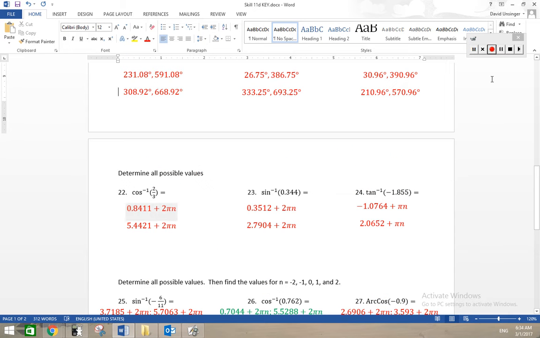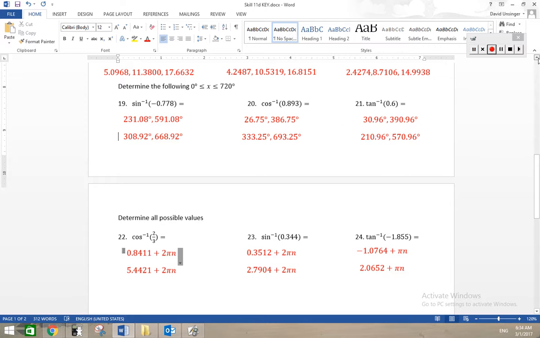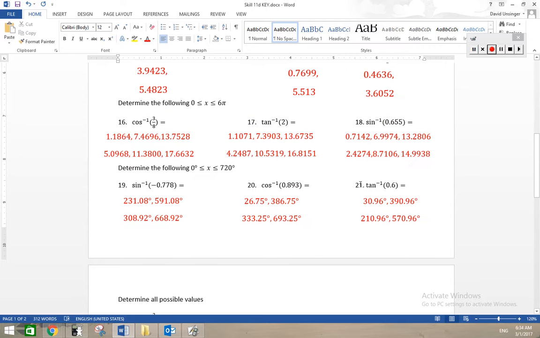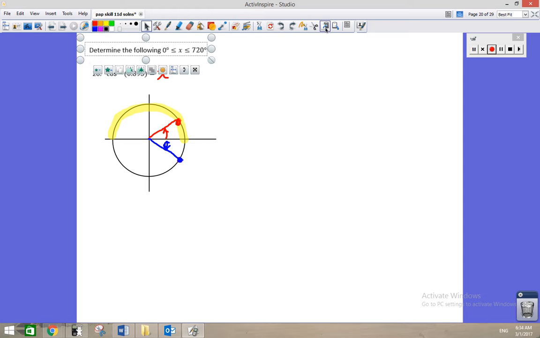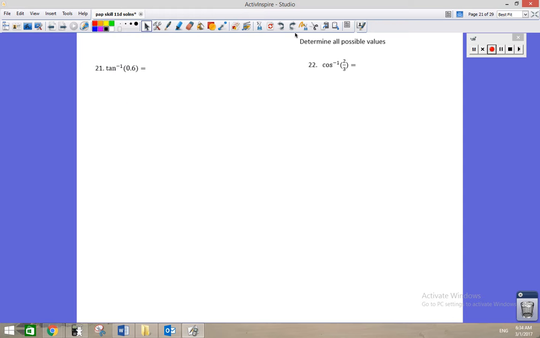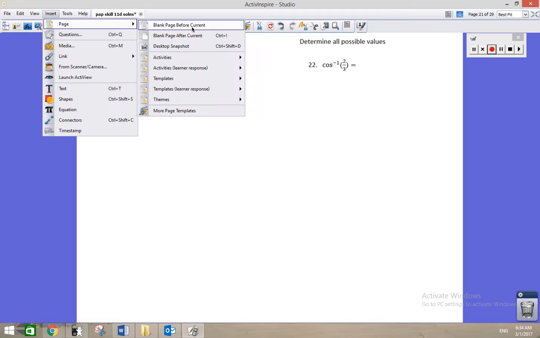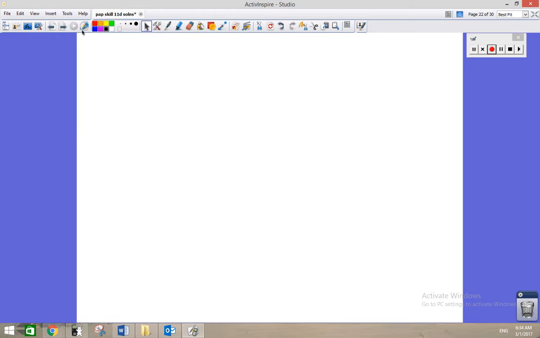So the directions changed for 22, but for 21 I'm still doing 0 to 720. So this direction is here, and this direction is for this one. So let's not confuse me. I'll take this and put it on its own page.